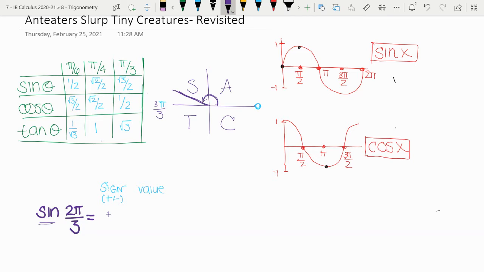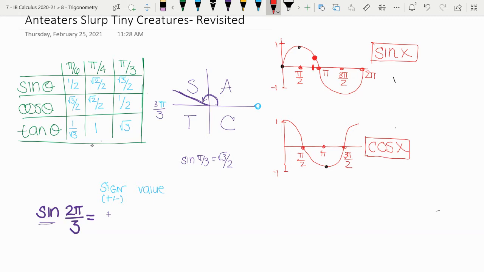Now I need to get the value. We know the sine of pi over 3 is rad 3 over 2. Now, guys, the sine of 2 pi over 3 is going to be the same, and let's talk about why. If you look at this graph of the sine curve, and instead of counting in increments of pi over 2, we think about increments of pi over 3, 2 pi over 3 is going to be right here.